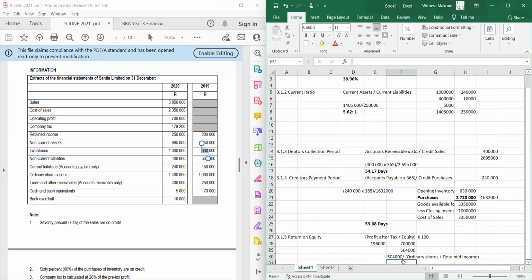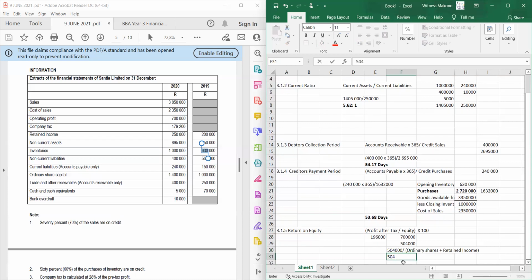So we can still calculate them. 504,000 divided by, what is your ordinary share capital? It's 1,400,000 plus. What is your retained income? Do you have retained income? Yes, we have got it. 250,000. Okay, so we've got 250,000. Let's add the two.